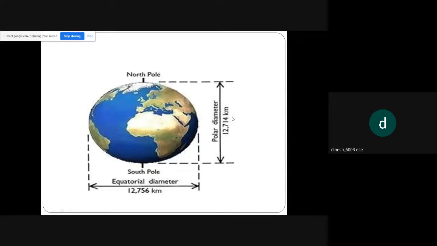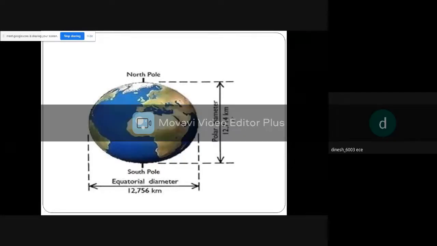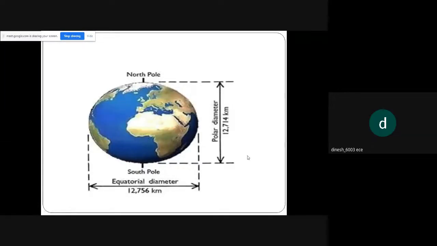For the Earth, these are the dimensions: equatorial diameter and polar diameter. Keep in mind, the equatorial diameter is always greater than the polar diameter of the Earth.